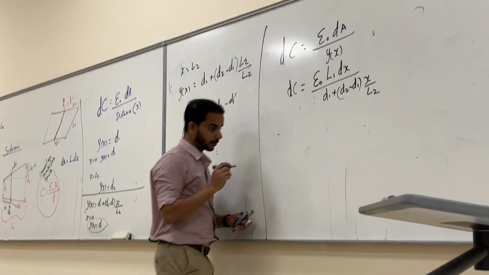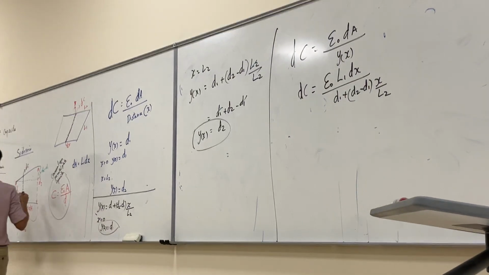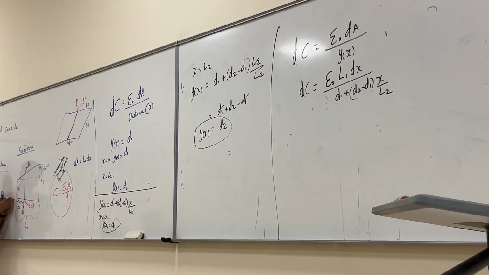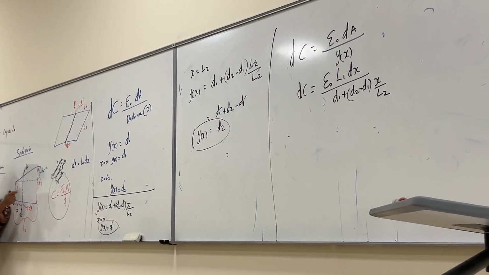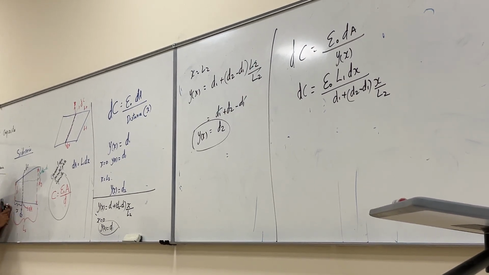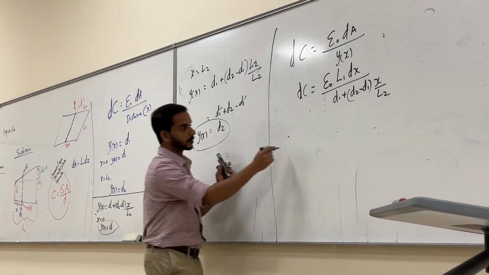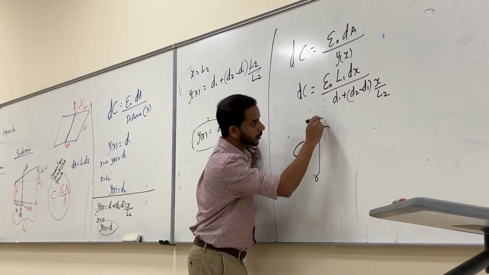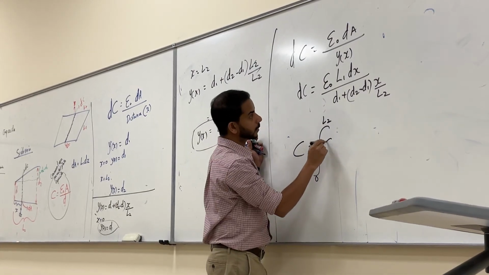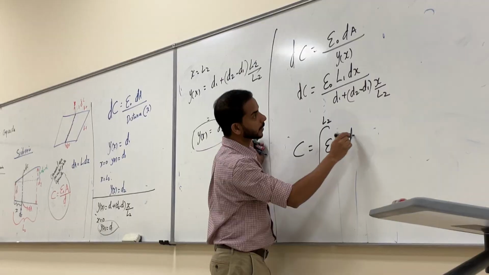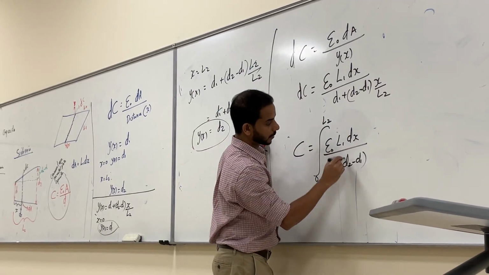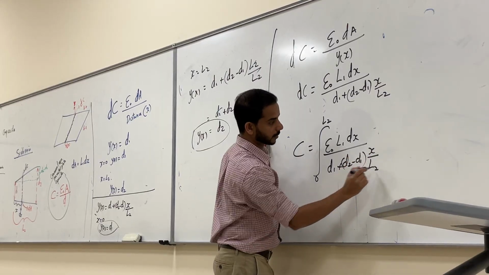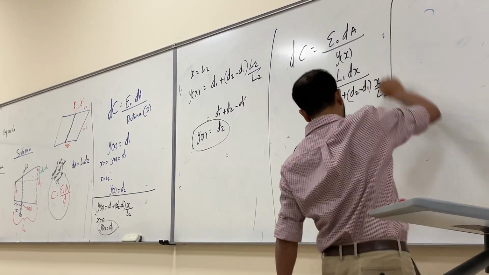Now, from where to where have I integrated? 0 to L2. This is my whole capacitor, right? I have infinitely small capacitors going from 0 to L2. So if I want to find the total capacitance, it should be the integral from 0 to L2 of epsilon 0 L1 dx over d1 plus d2 minus d1 x over L2. This is correct, right? Just check it.